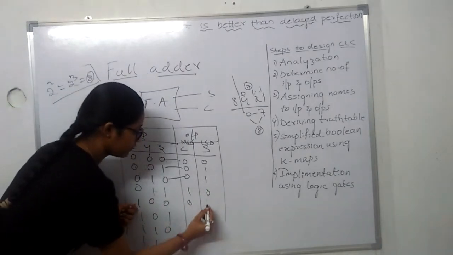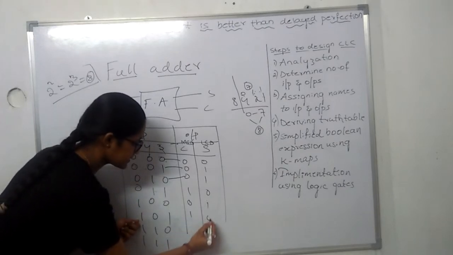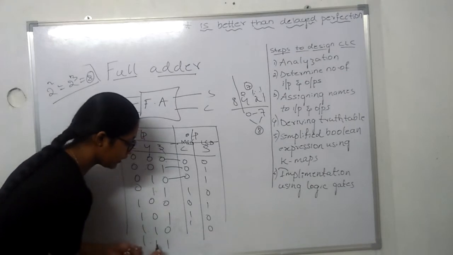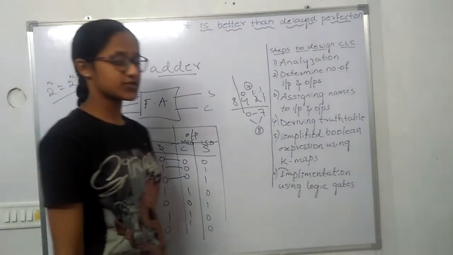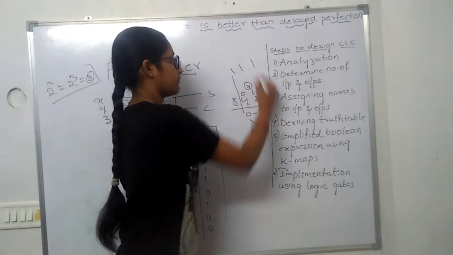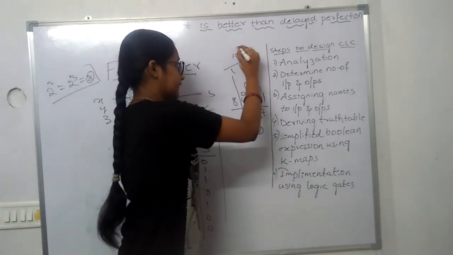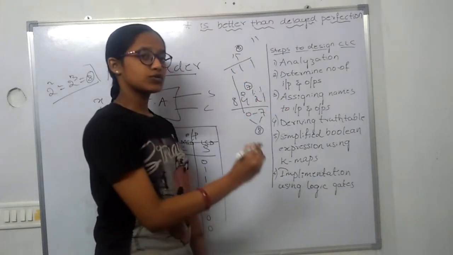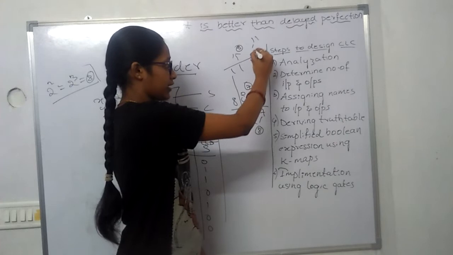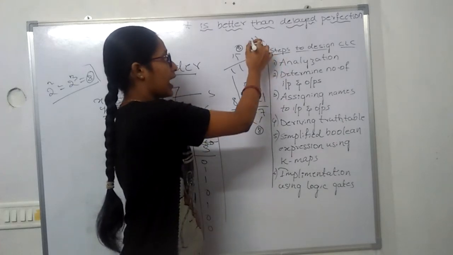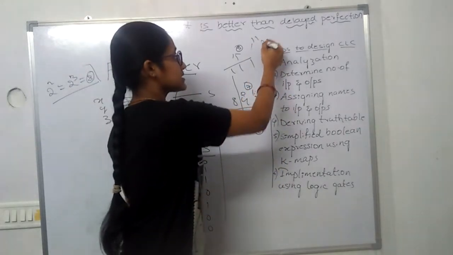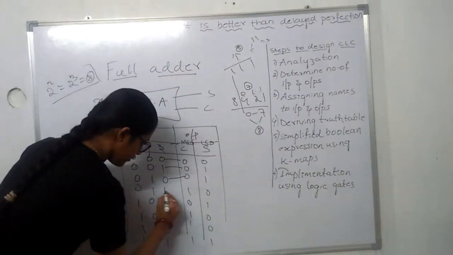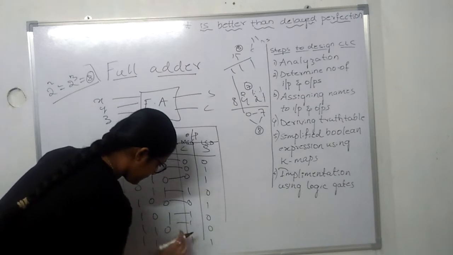Then here 0, 1 and here 1, 0, and 1 plus 1 is 2, so 1, 0. And in the 7th position we have 1, 1, 1, which means a total of 3. How to represent 3 in binary? 1, 1. So we give 1 for the least significant bit and 1 for the most significant bit, that is, sum and carry 1, 1. Hope you got it.